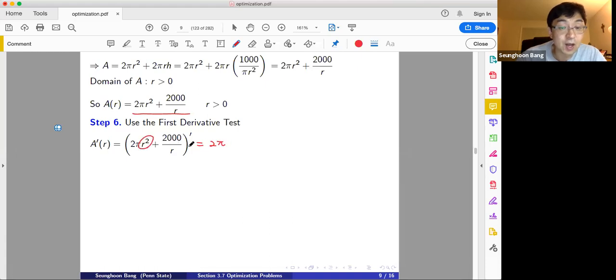The r square prime is 2r. Plus, what is 2,000 over r prime here? It is the 2,000 prime times r, plus... Sorry, double check, it's negative. Really be careful, you will get the wrong answer by using positive. So you write here.